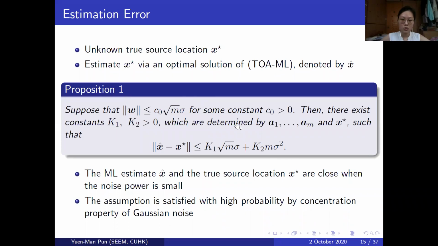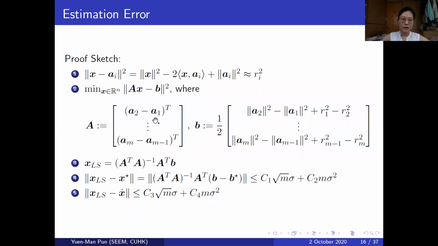Now let's sketch the proof. Recall that our TOA measurements are R_i, and I have missed a star here. The true location x star is the location of our target, and the distances to the anchors can be approximated by the TOA measurements R_i.